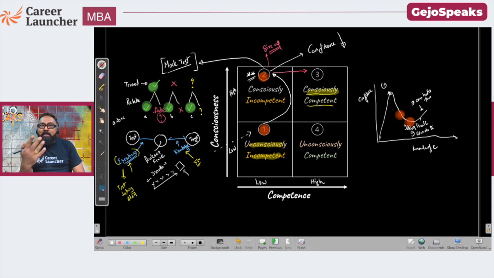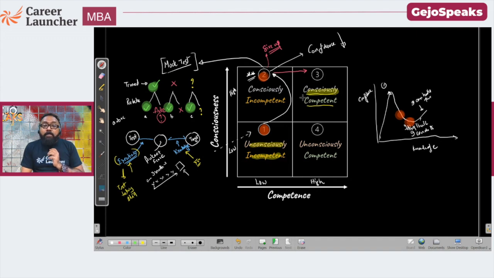Maybe I'm reading a math question. I still have to focus. Okay, what is this? Selling price, cost price. Okay, fine, I remember this formula. Let me put this down on a piece of paper. Let me focus on this. It doesn't come naturally, but this is a great phase to be in.